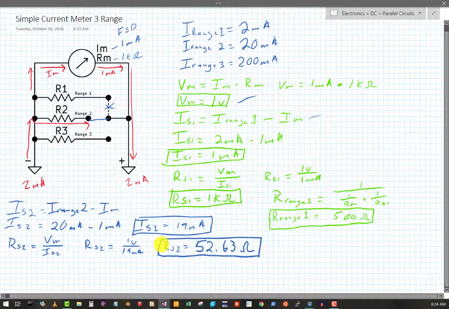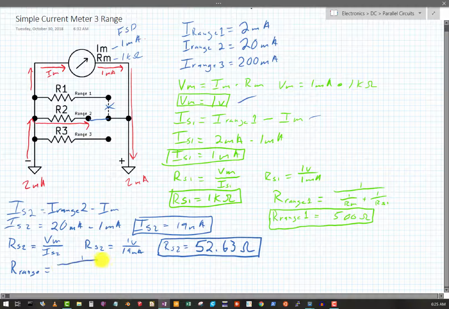Alright, well that's really nice. So there's that one. And the range resistance, we probably have to do that too, because we want to have some idea what our loading effect is going to be. It's going to be around 50 ohms because I have 1,000 ohms of the meter in parallel now with my 52.63 ohms.